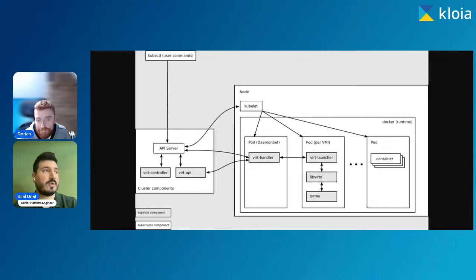Okay, good question. So KubeVirt, first of all, is about the license. KubeVirt is an open source project, and you can go to GitHub and see the actual code behind KubeVirt, and you can deploy it without paying any commercial license.